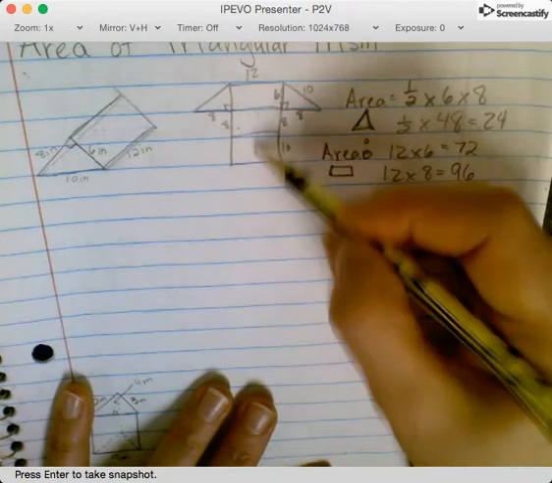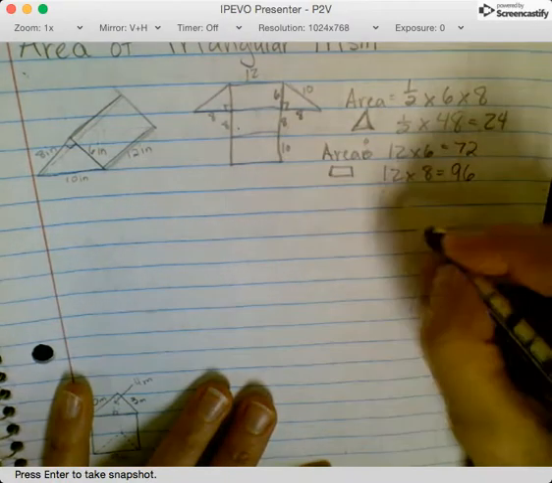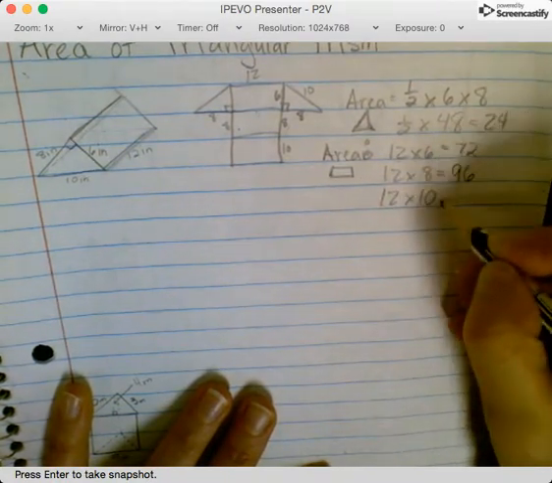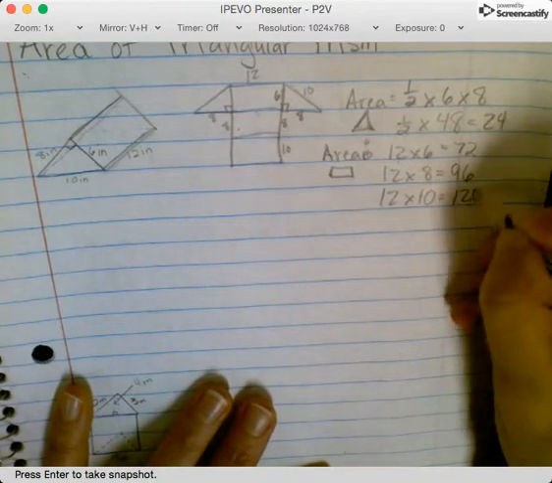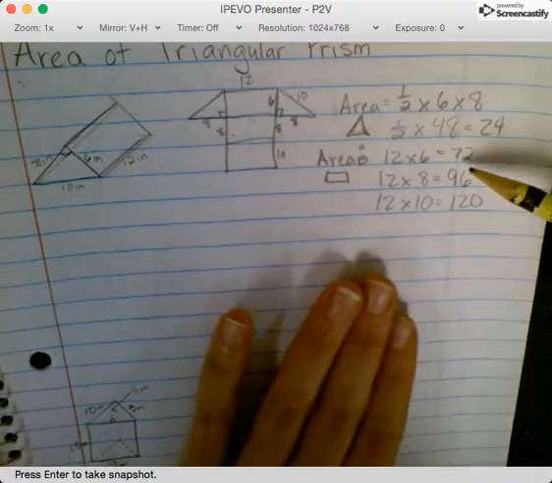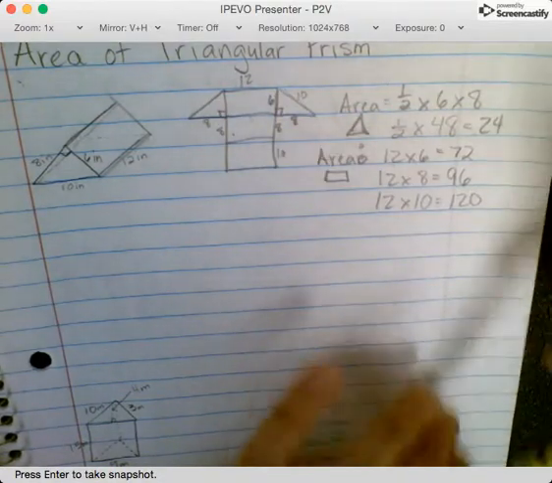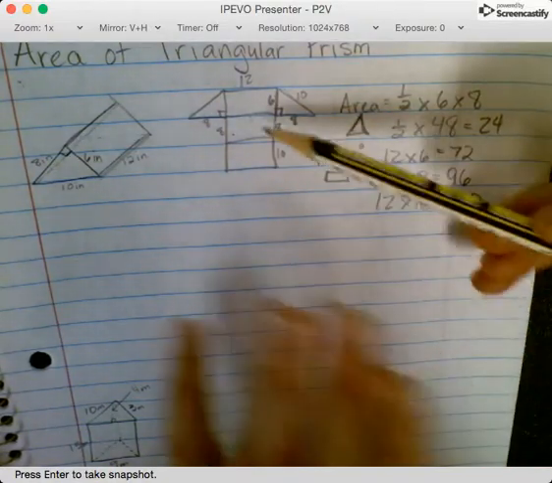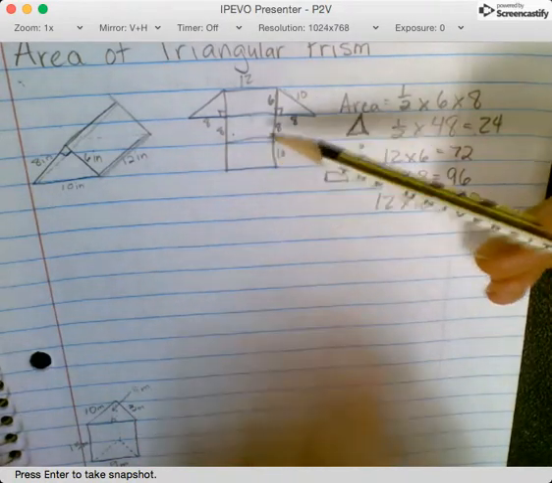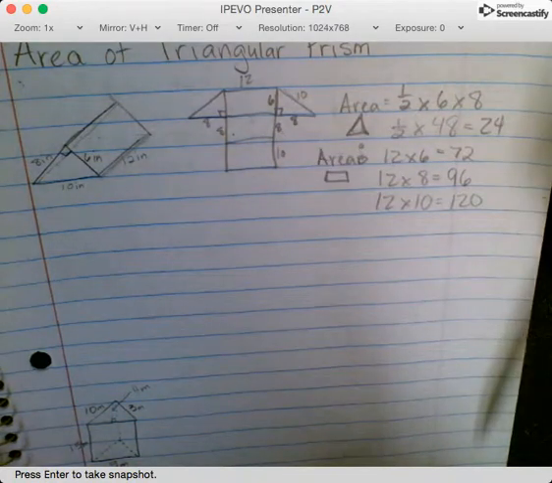And then I have this one that is 12 by 10, which is 120. So that actually has 3 different sizes of rectangles. Now, I didn't draw them different sizes, but they are all different sizes.